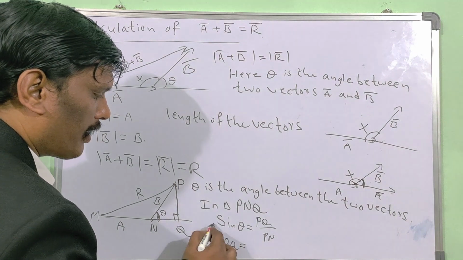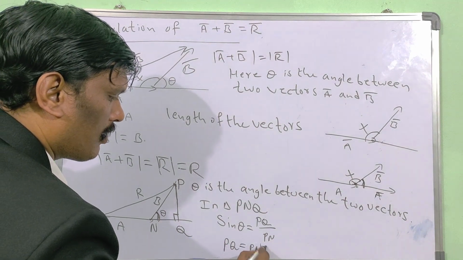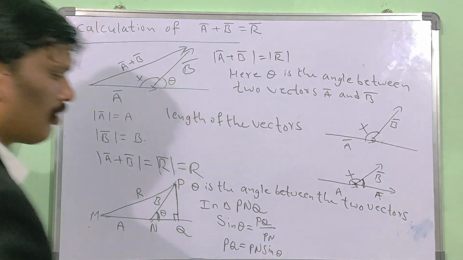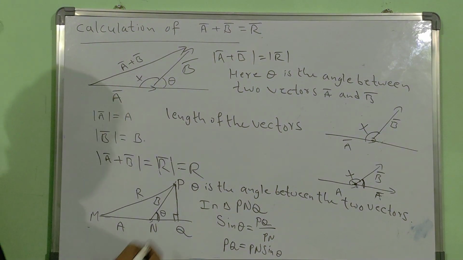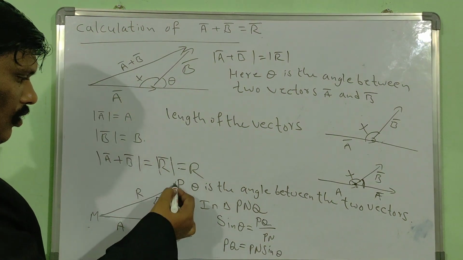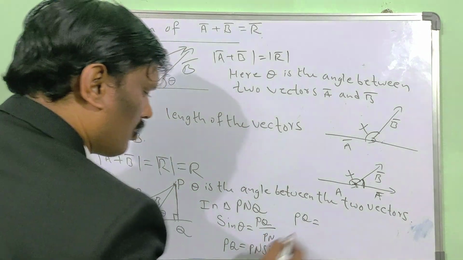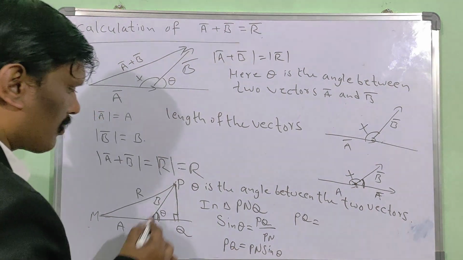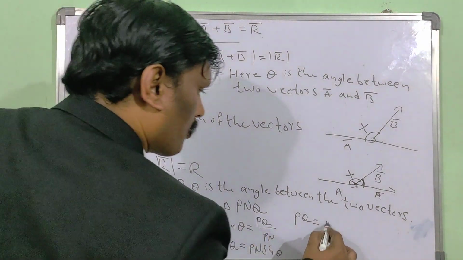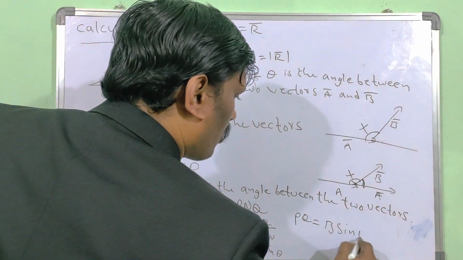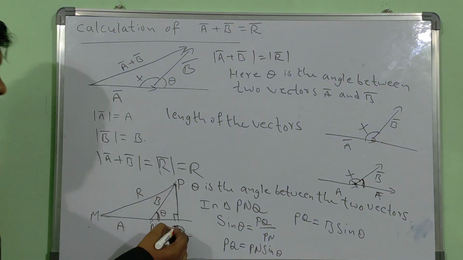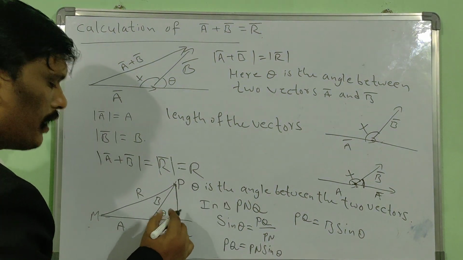PQ is PN sine theta, transposing to the other side. But what is the PN value? What is the length of PN? It is B. That's why PQ is B sine theta. That means I got the PQ value as B sine theta.